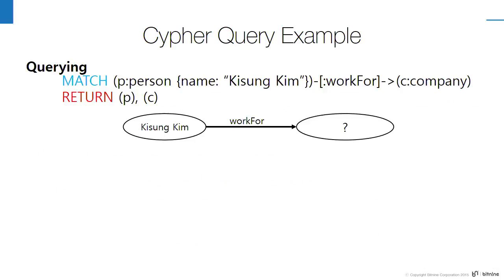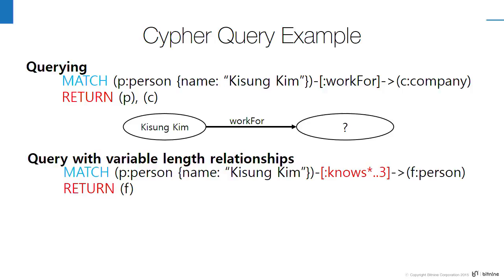And you can query the graph data using the graph pattern. In Cypher, graph patterns are represented as an ASCII code style diagram. This is to find the company Ki-sung Kim worked for. And you can see this pattern in this match clause looks very similar to these diagrams. Also, you can specify variable length relationships like this.